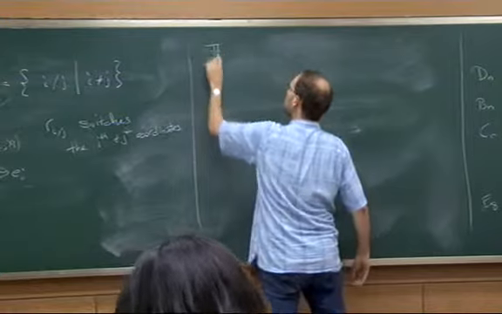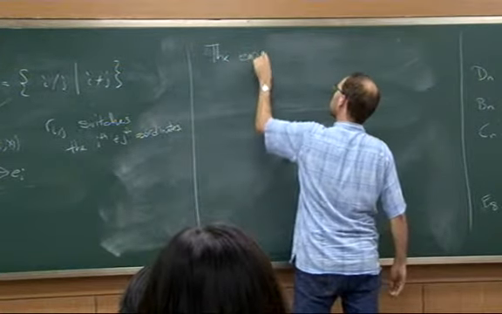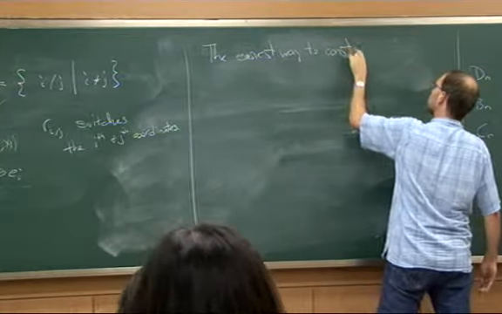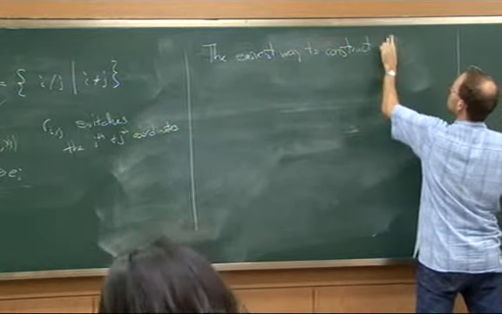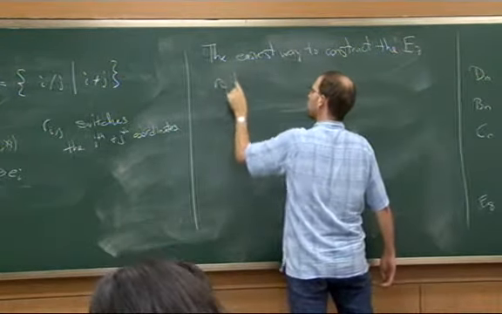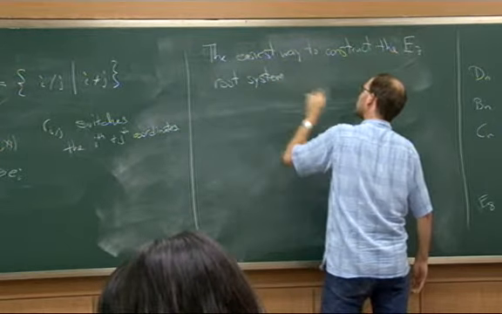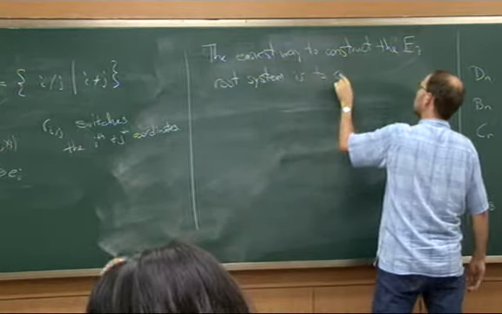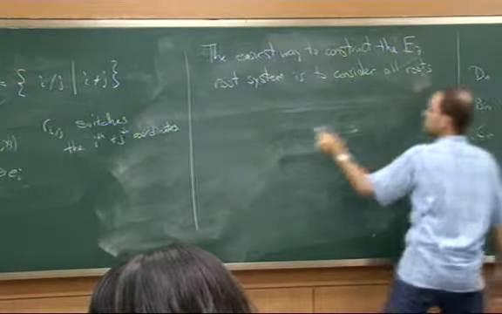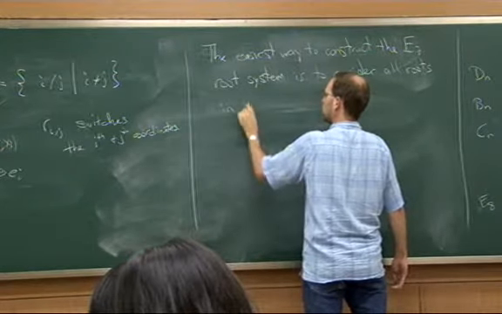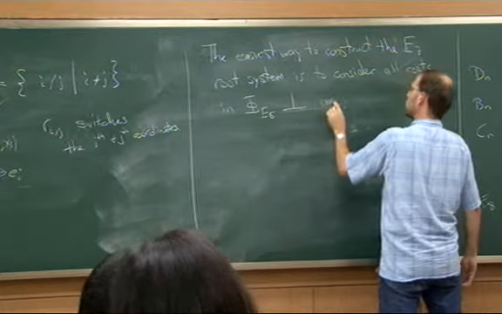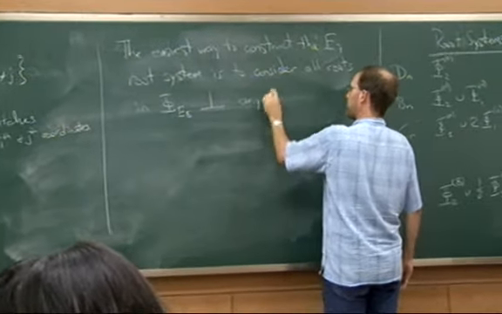And that is the easiest way to construct the E7 root system: consider all roots in the E8 root system perpendicular to any fixed root.